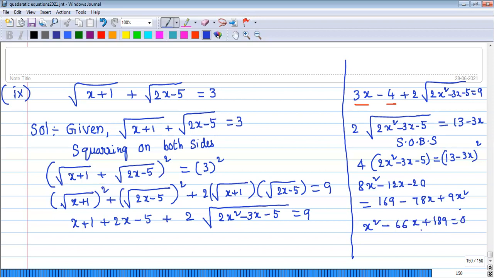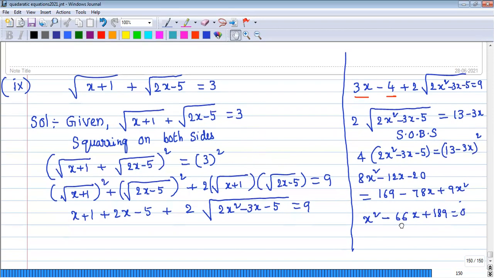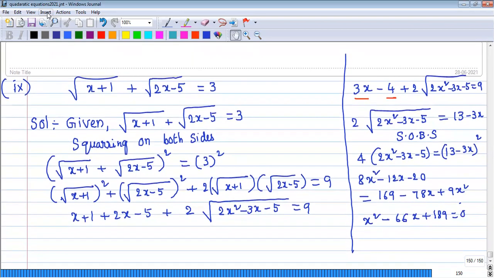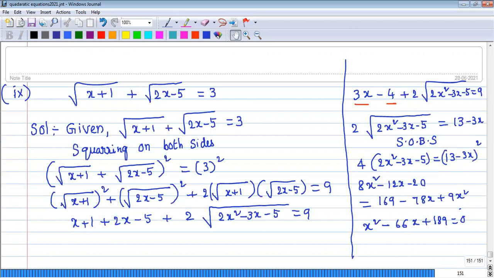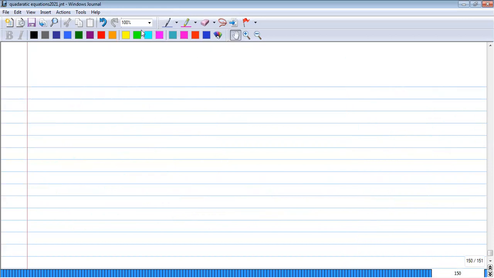So consider x square minus 66x plus 189 equals 0.